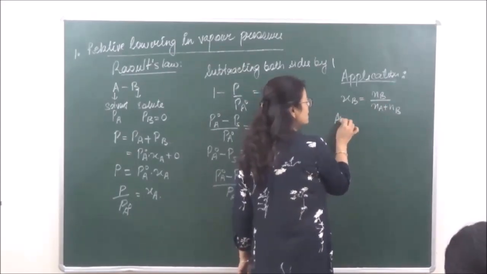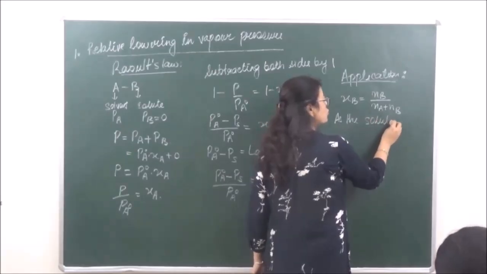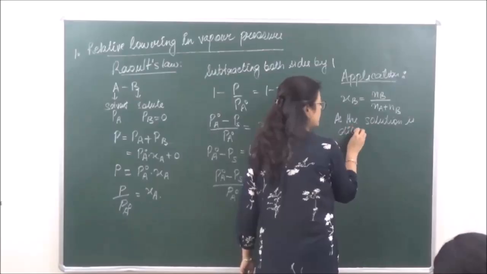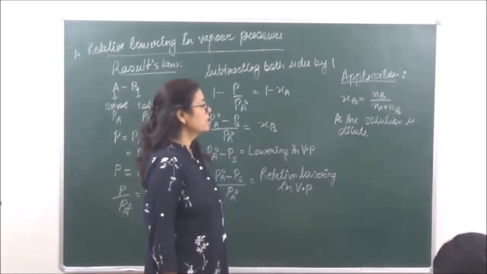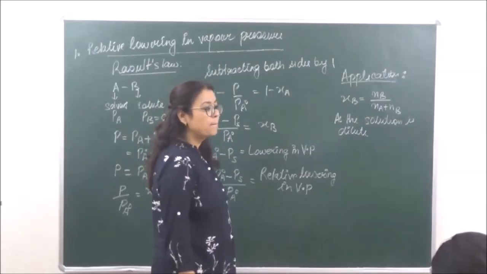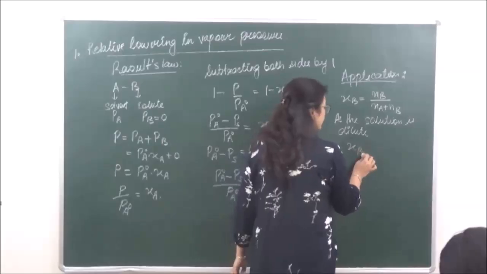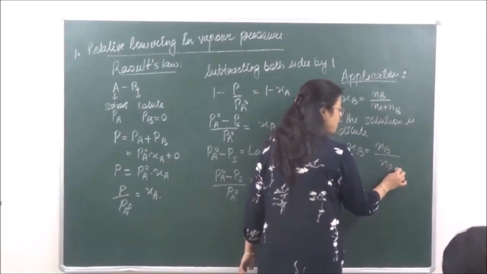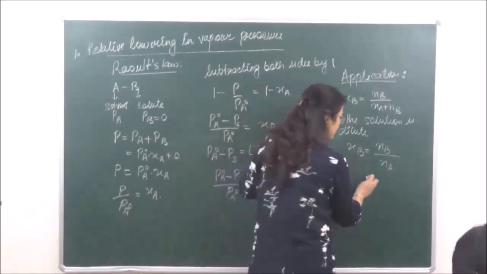So as the solution is dilute, we are ignoring the number of moles of the solute in the denominator such that XB becomes equal to NB upon NA. Right? What is the value of NB?